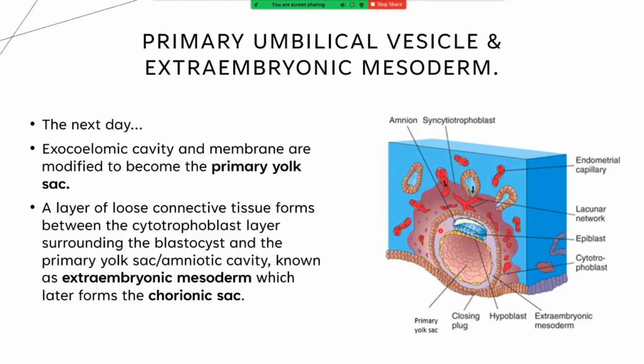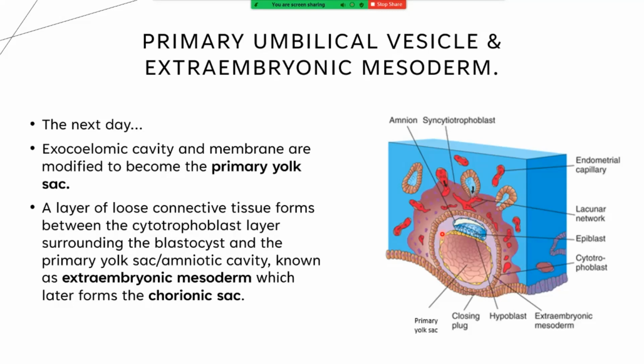This layer is known as the extraembryonic mesoderm. It is a layer of loose connective tissue that forms between the cytotrophoblast and the primary yolk sac layer.